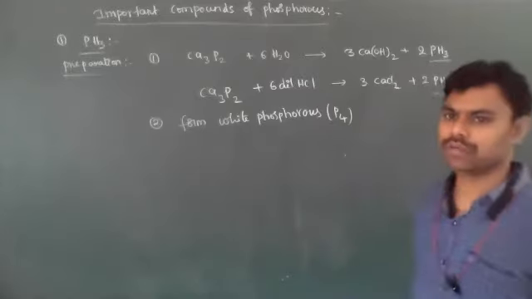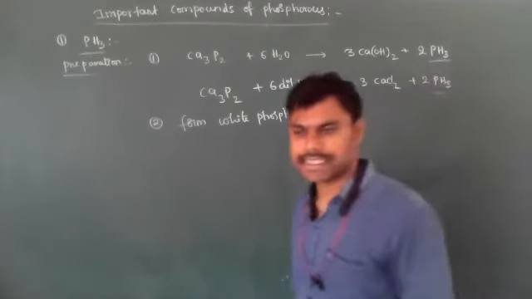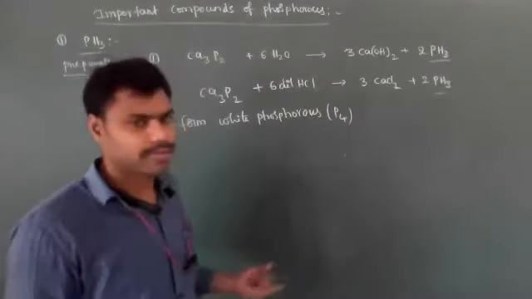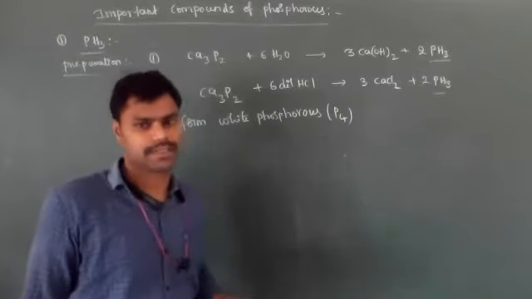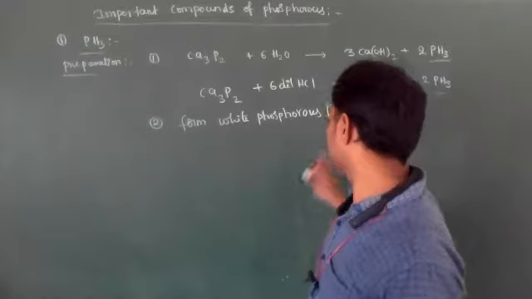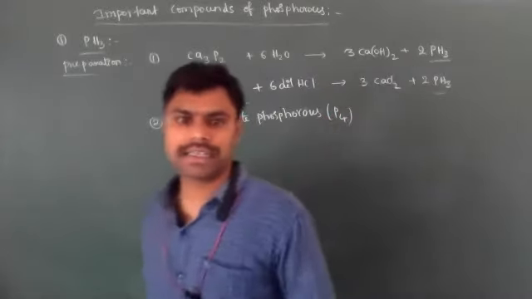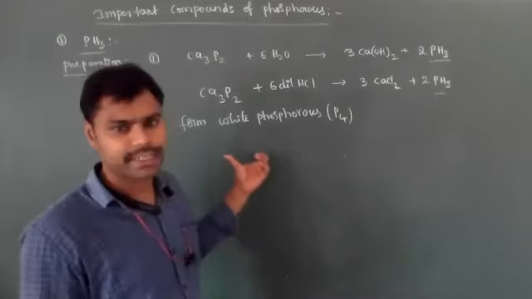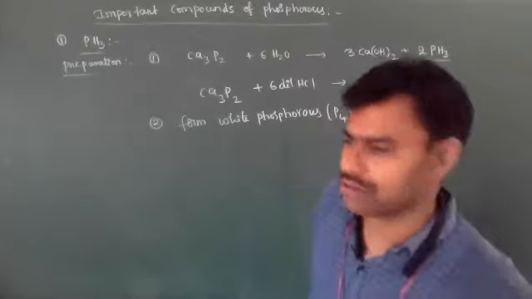Actually, we need to discuss the allotropic forms of phosphorus now. The important allotropic forms are white phosphorus, red phosphorus, and green phosphorus. Black phosphorus is there, and green also is present. In total, 4 types of allotropic forms are present. Out of that, the most important are white phosphorus and red phosphorus, in which white phosphorus is more reactive.